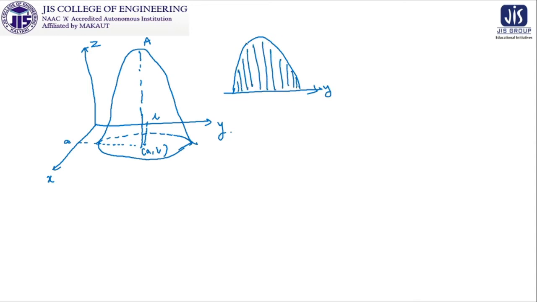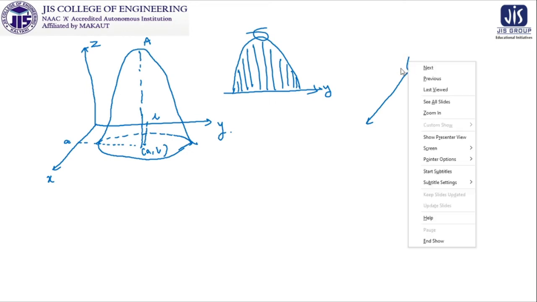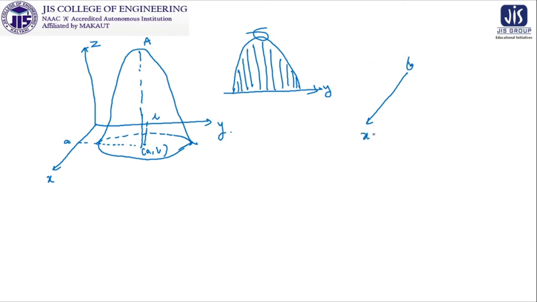This is nothing but the function of a single variable having a local maxima. And if you fix this b, suppose this is your y equal to b and this is your x-axis, as in the previous case, this structure is something like that. So if you draw the perpendiculars, you will get this point as the local maxima for a single variable.